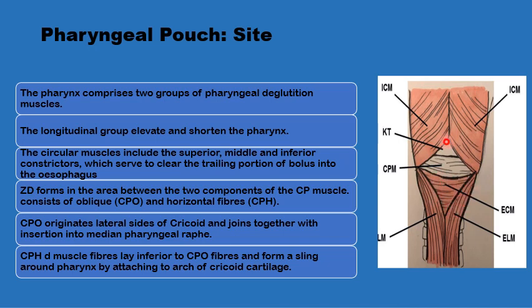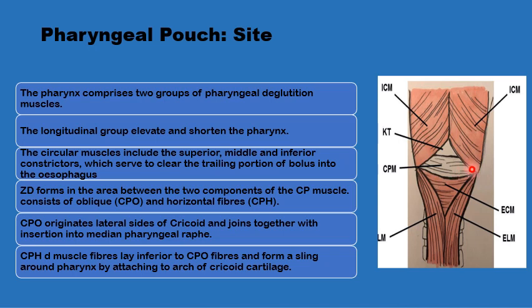So there is a space in the upper part of the esophagus and the lower part of the hypopharynx, which is not anatomically covered by the two sets of muscle fibers, and with small dehiscences as well. This area is called Killian's dehiscence, and it is the site of formation of the pharyngeal pouches.